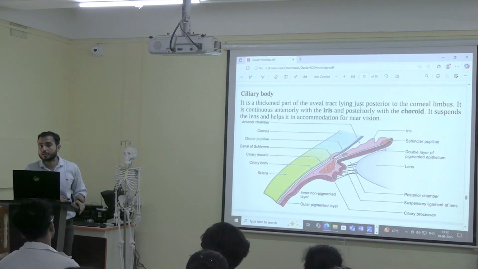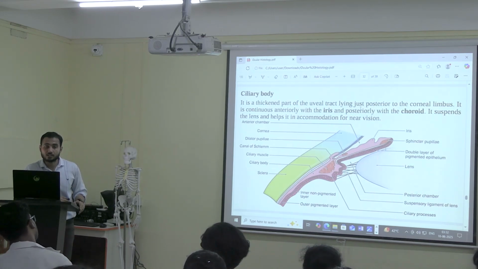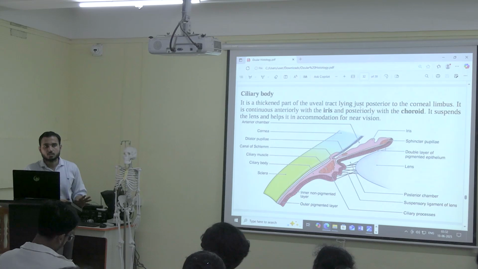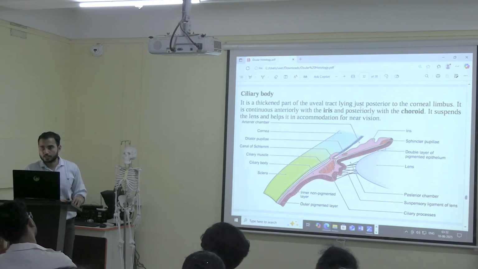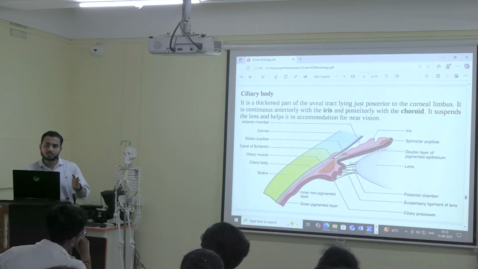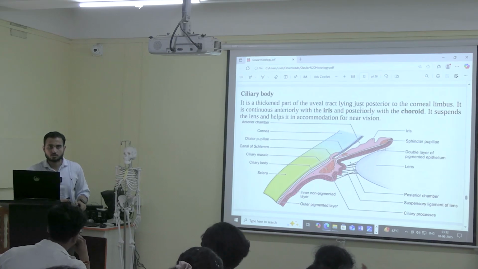Then you have to study the microscopic structure of the conjunctiva. So many things are there. What I am planning is at least 2 to 3 classes will be required to complete the entire microscopic structure of the eyeball. That means at least 3 weeks the microscopic structure will be continued.